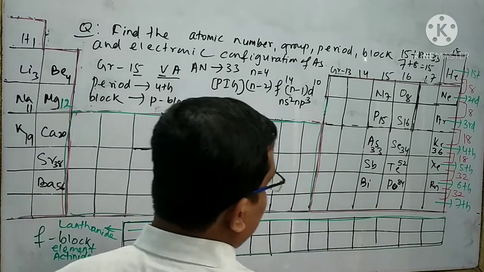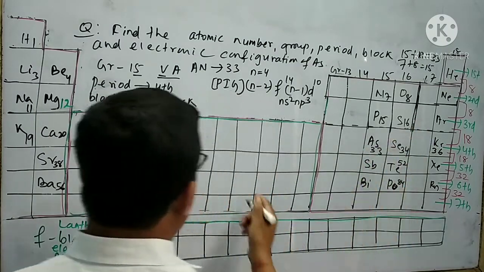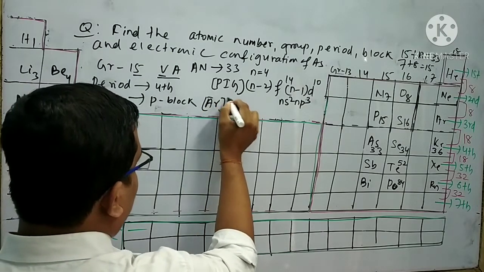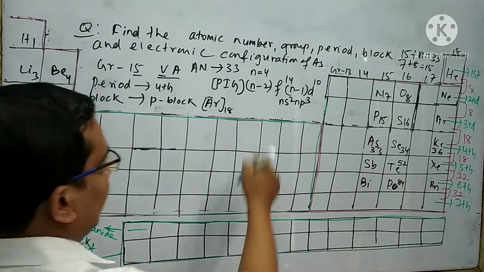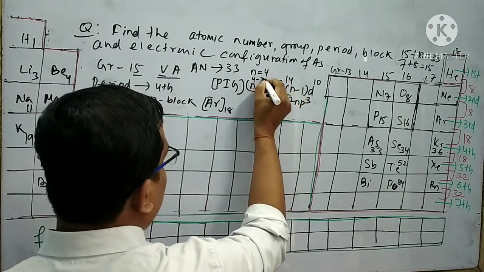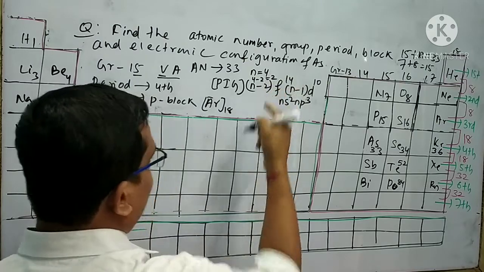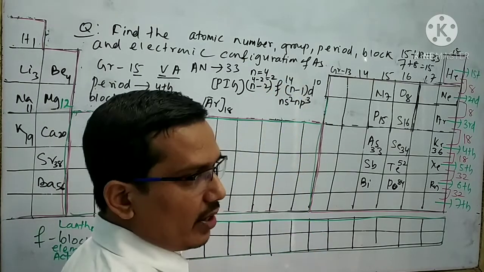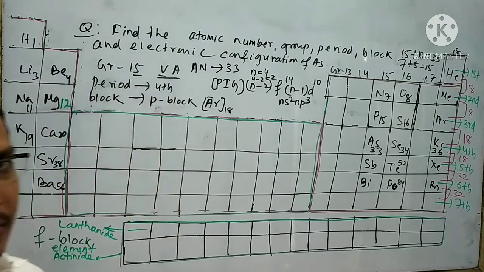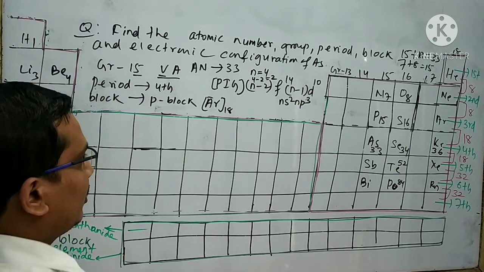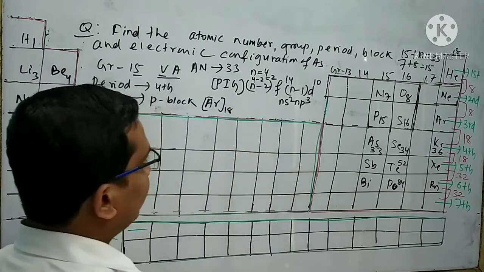The previous inert gas of arsenic is argon, so here I can write argon 18. Put the value of n equal to 4 here. I can write 4 minus 2 equal to 2. That means here we can think about 2f14, but such a 2f orbital is not possible. So here I cannot write 2f14.